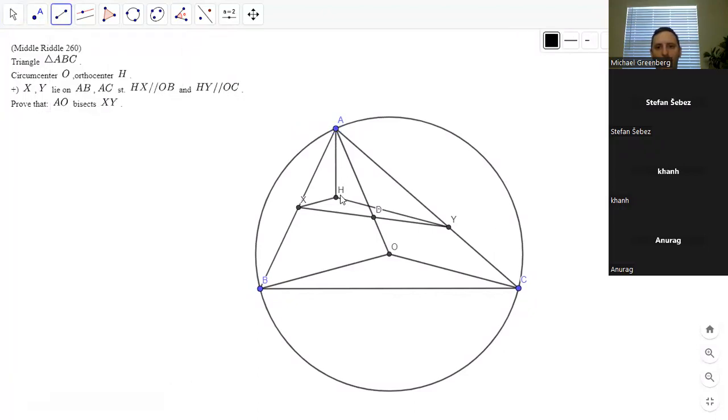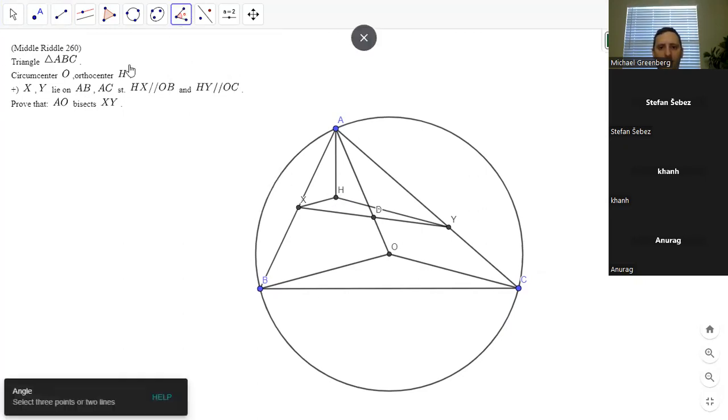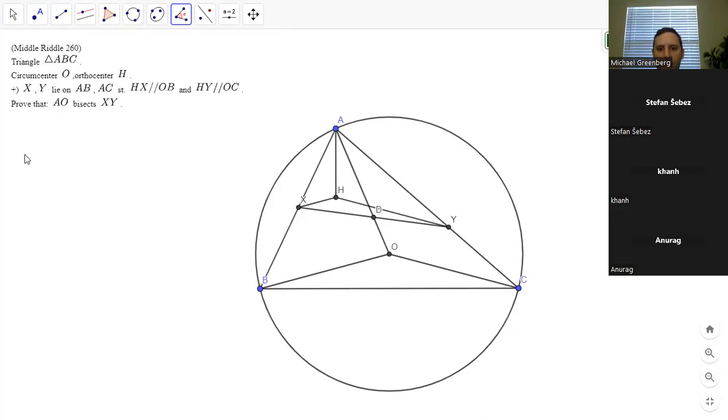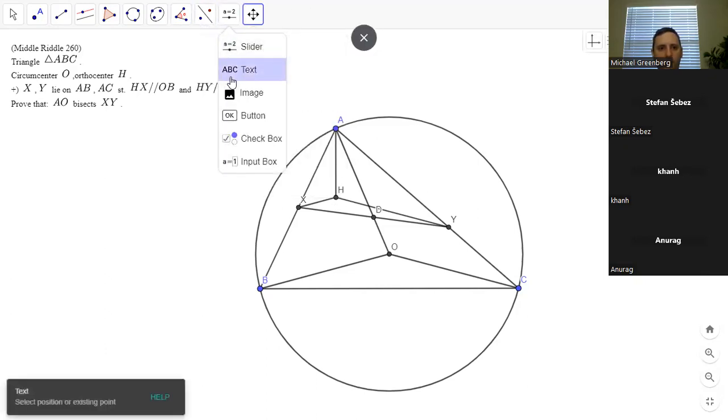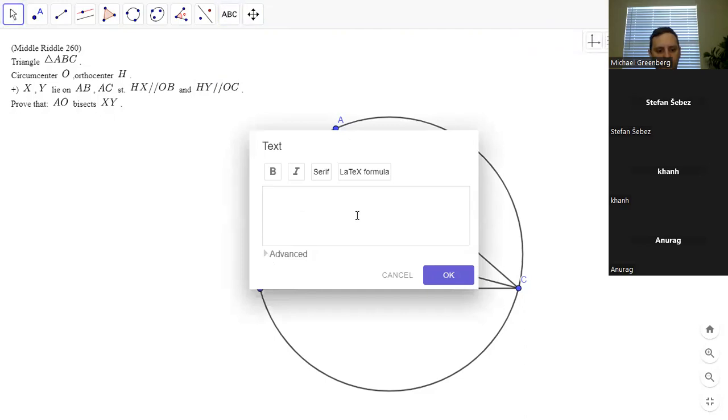AHX and AHY are similar because we can do an angle chase. So angle AXH is angle ABO, which is angle BAO.